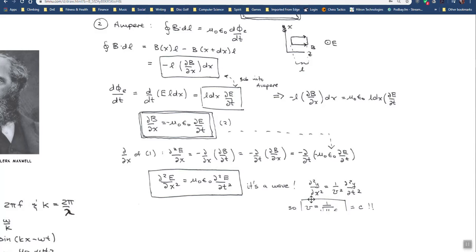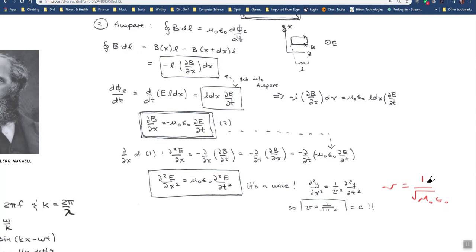You'll remember that we got this wave equation for a mechanical wave, where whatever is in front of the second derivative of the time term was 1 over v squared. Well, the stuff that's in front in this case is the permeability of free space and the permittivity of free space. I know this is hard to see, but this means that our velocity is 1 over the square root of mu naught and epsilon naught.